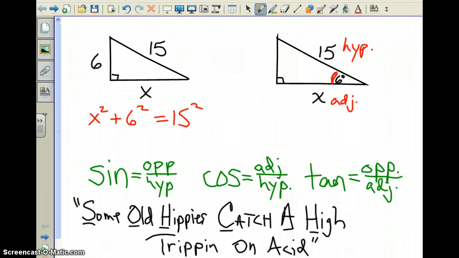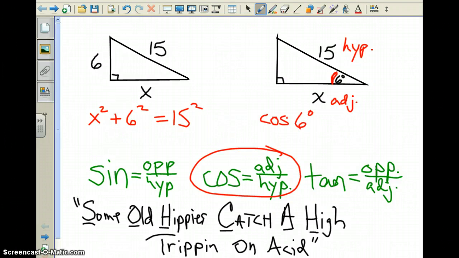Since we know something about the adjacent side and the hypotenuse, in this triangle we would use cosine. We would set this up as cos of 6 degrees, the angle always goes next to the word, is equal to the adjacent over the hypotenuse.